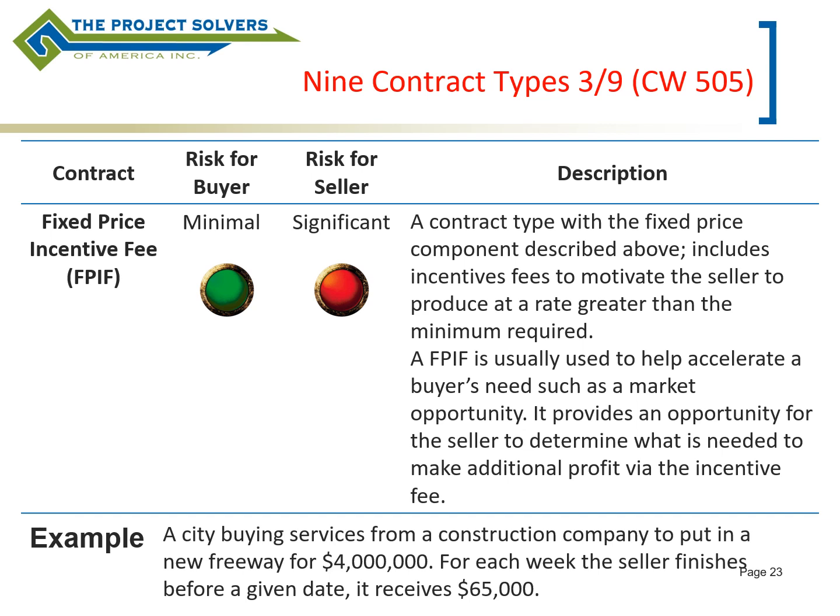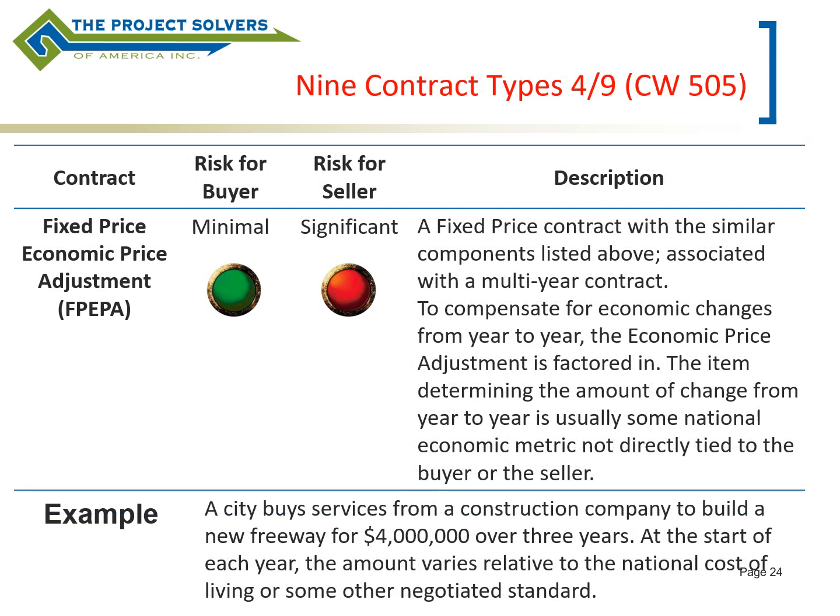So for example, you might be a city that is buying services from a construction company to put in a new freeway for $4 million, but for every week that you finish before a certain date, you can receive an incentive of $65,000. So this is a little bit better from the seller's perspective because they have the option of receiving additional funds if they meet that incentive.